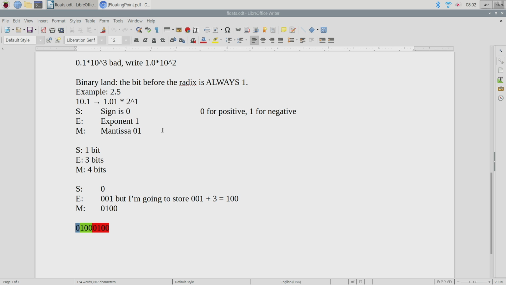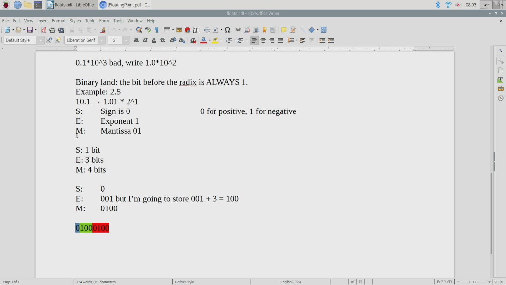Then from that, figure out what it would be in this scientific notation style, and then we can encode it. The things to remember: the mantissa is always 4 bits, and the leading one you don't have to encode, because we get that for free.